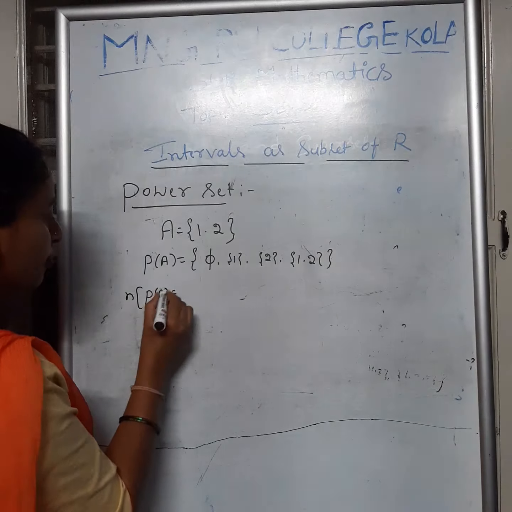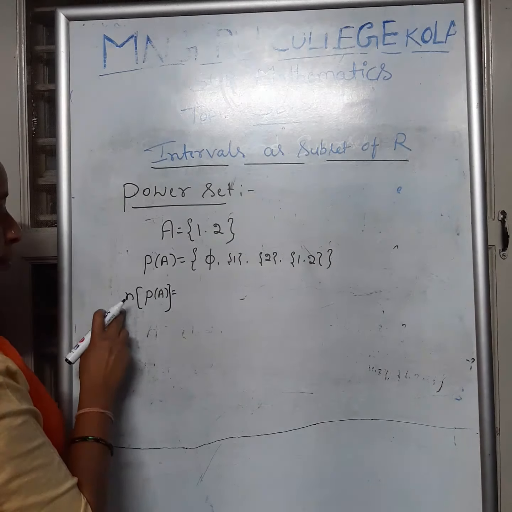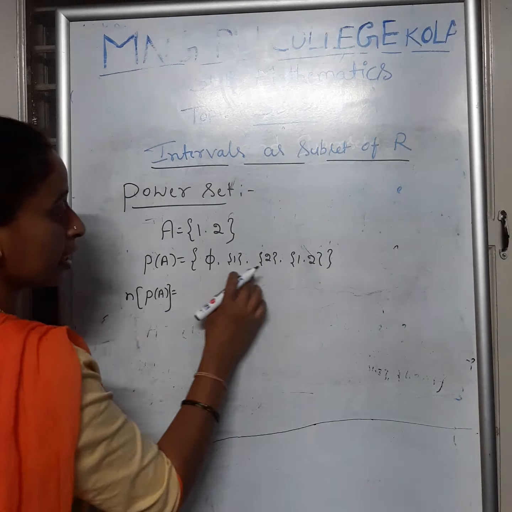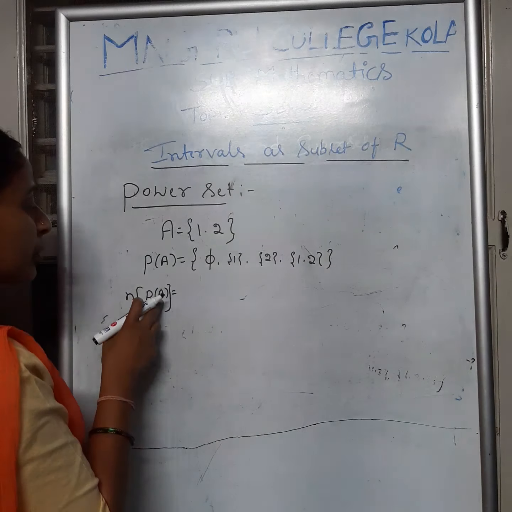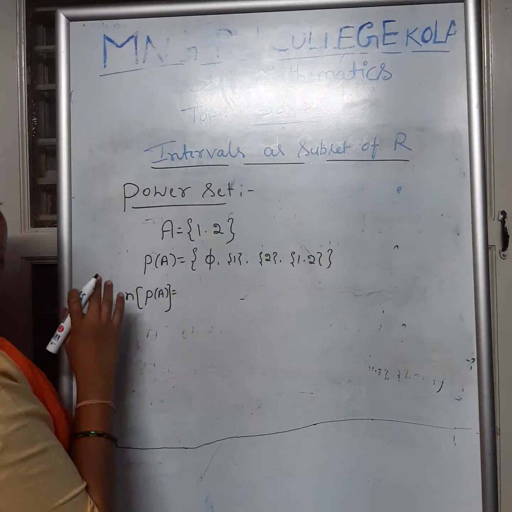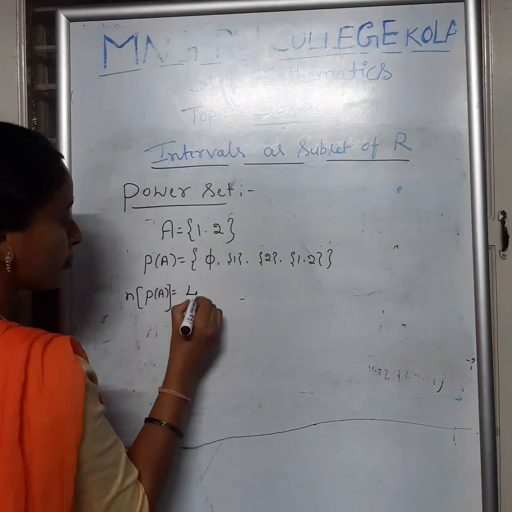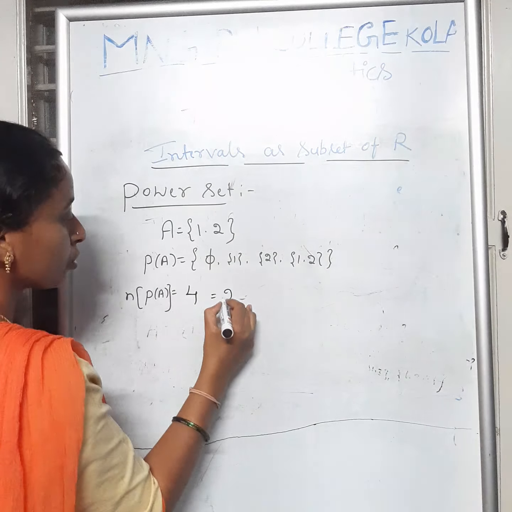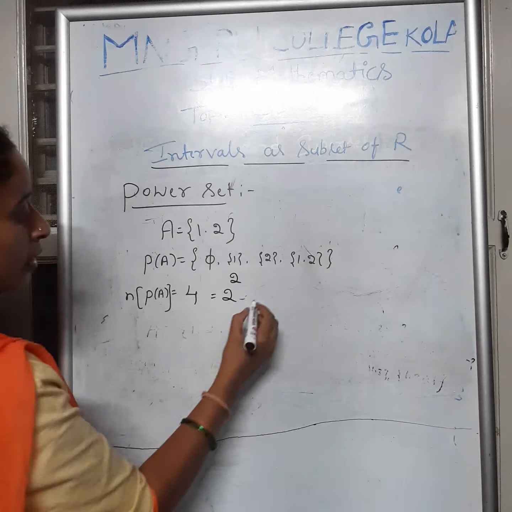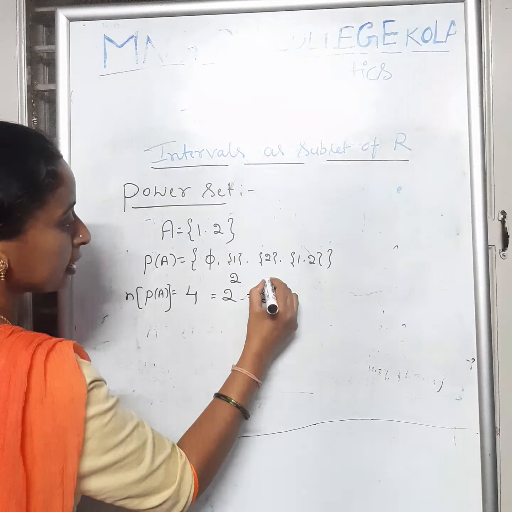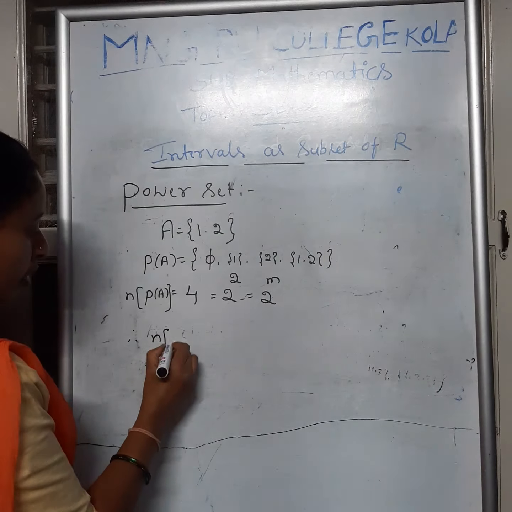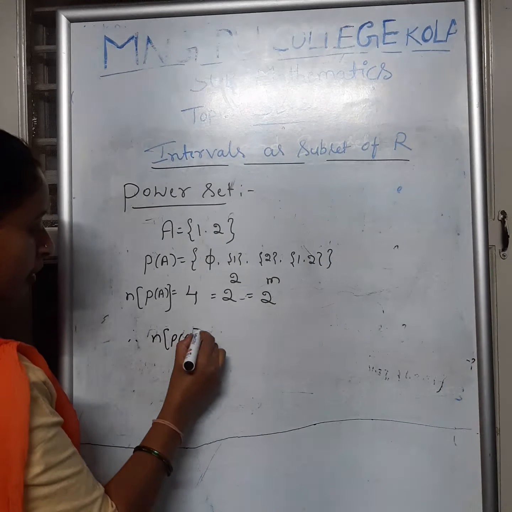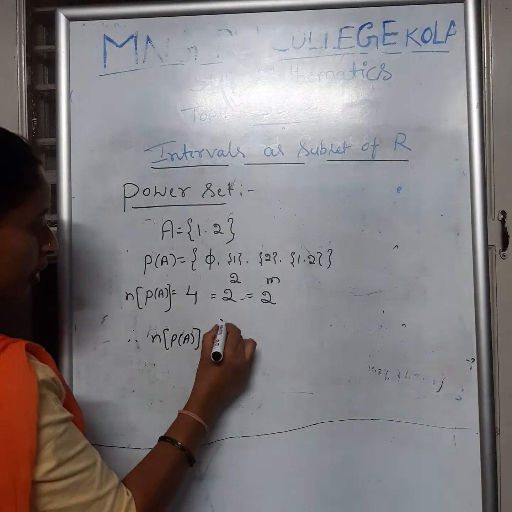Number of elements of P of A means the number of subsets. 1, 2, 3, 4 subsets. That equals 2 to the power of 2. In general, therefore, n of P of A equals 2 to the power of n.